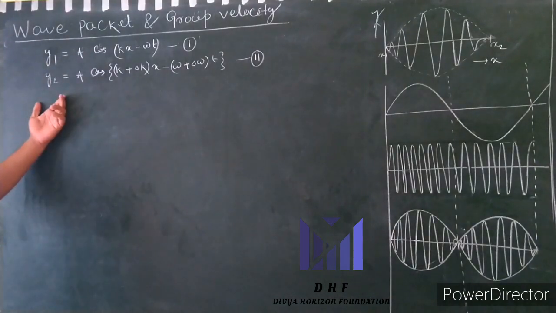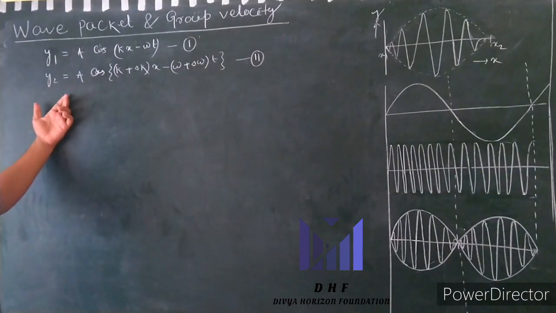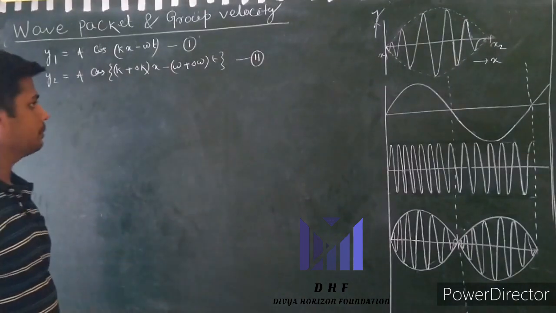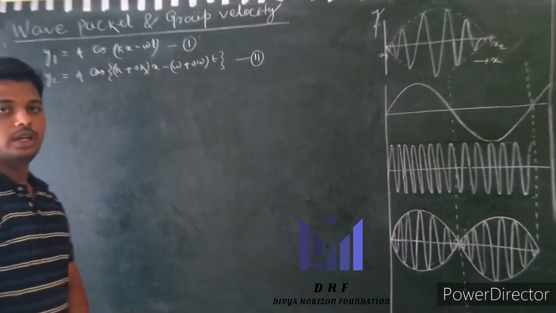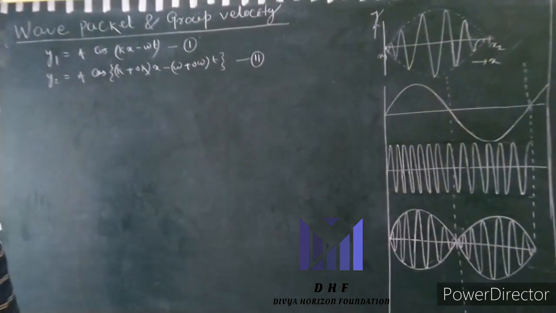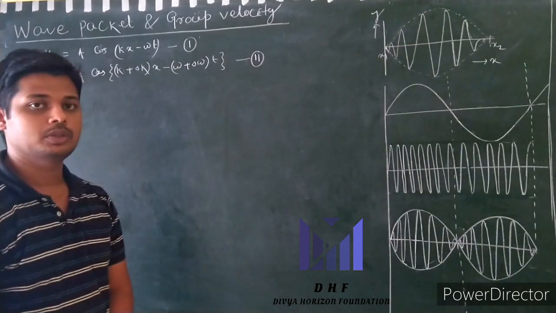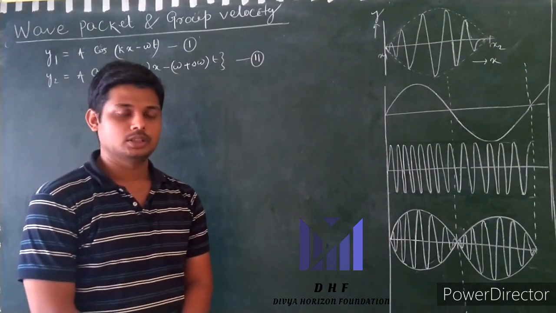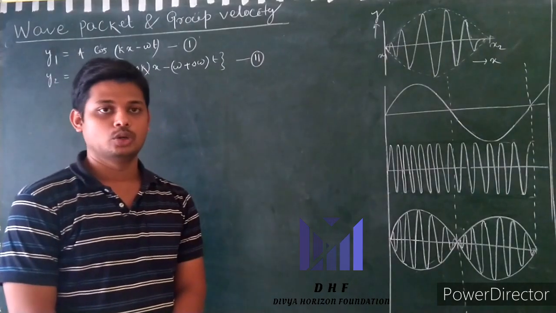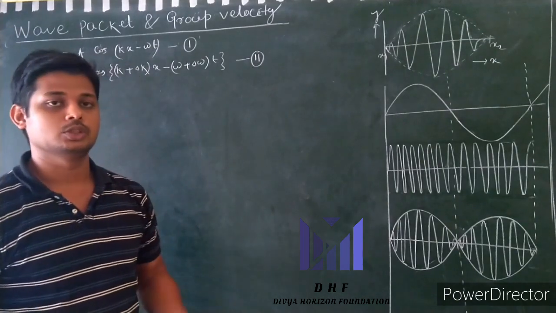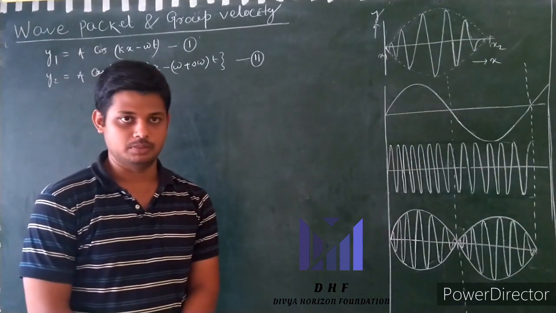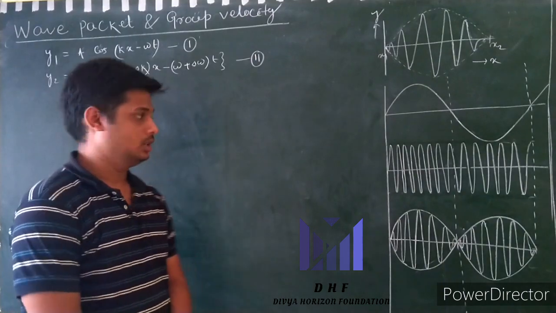Now, if these two monochromatic waves superimpose at one point, then let's see what will happen. According to the principle of superposition, if two monochromatic waves superimpose at one point, the net displacement of the particle will be the vector sum of the two individual displacements when either wave is absent.